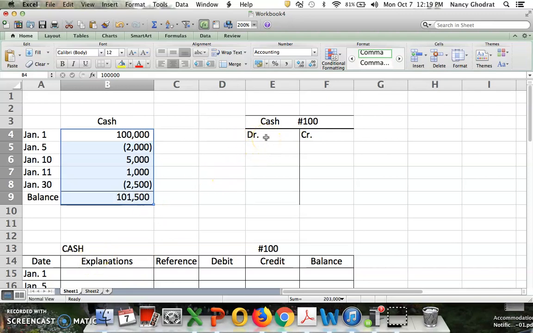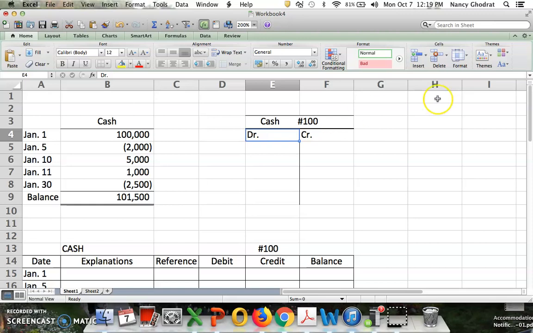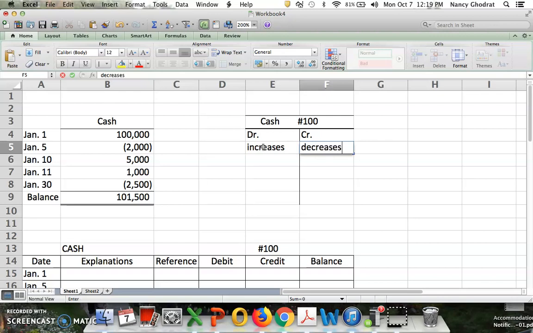So we have to come up with a convention, and accountants have come up with a convention that for any asset, doesn't matter what type, what asset it is, we're going to use the left side or debit side to show the increases, and the right side or credit side to show the decreases in that asset.